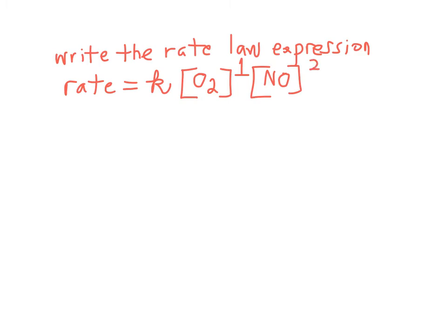Now we have one more thing to do to actually complete the process, and that is to find the value of K. We can find K by going back to the data table and picking an experiment.